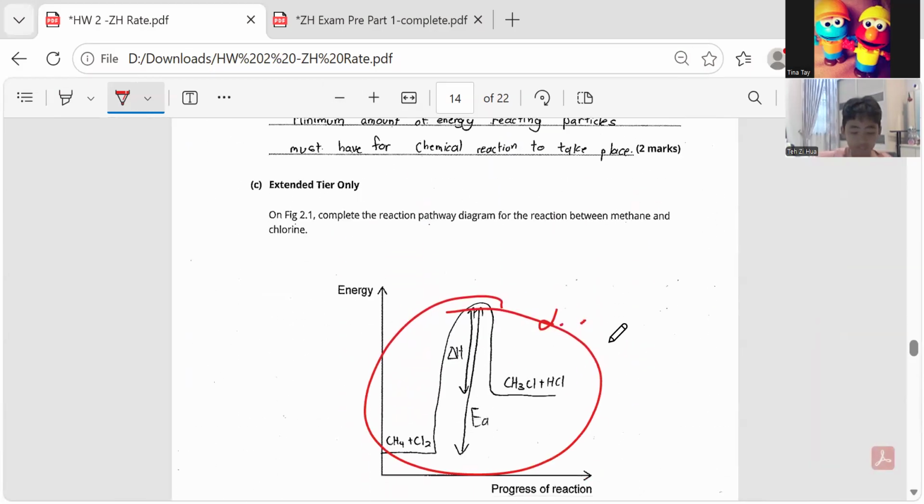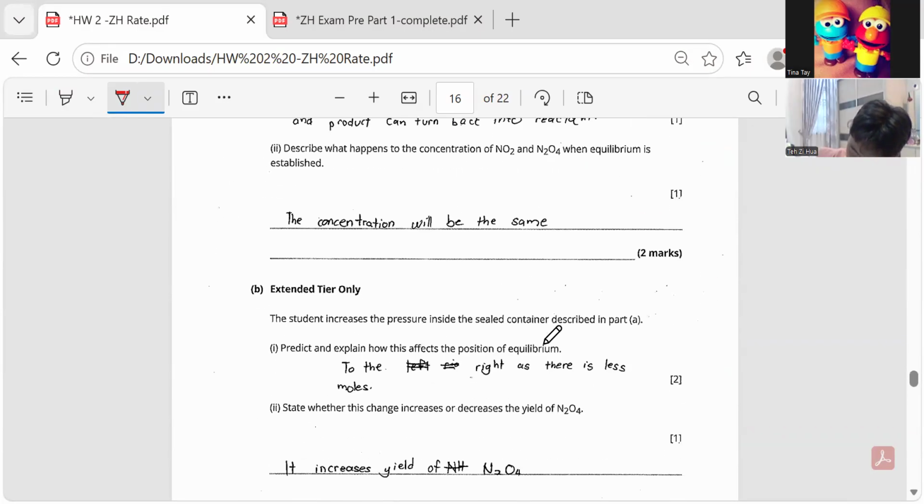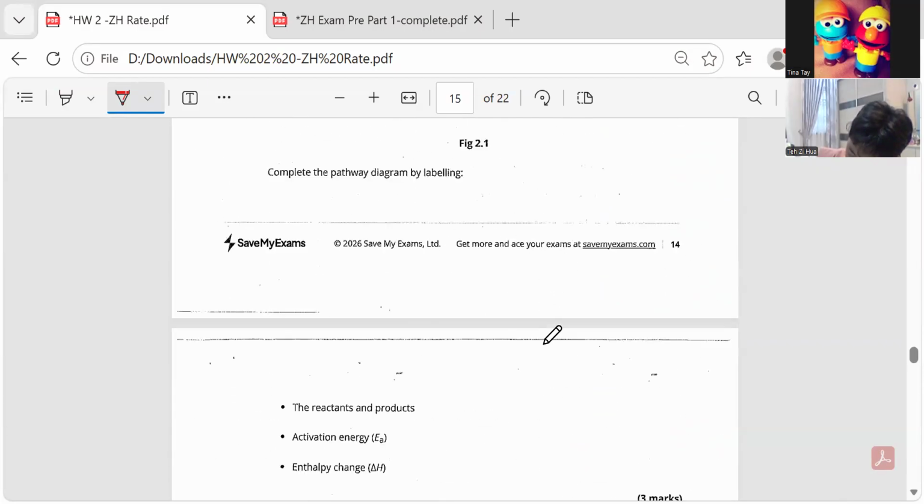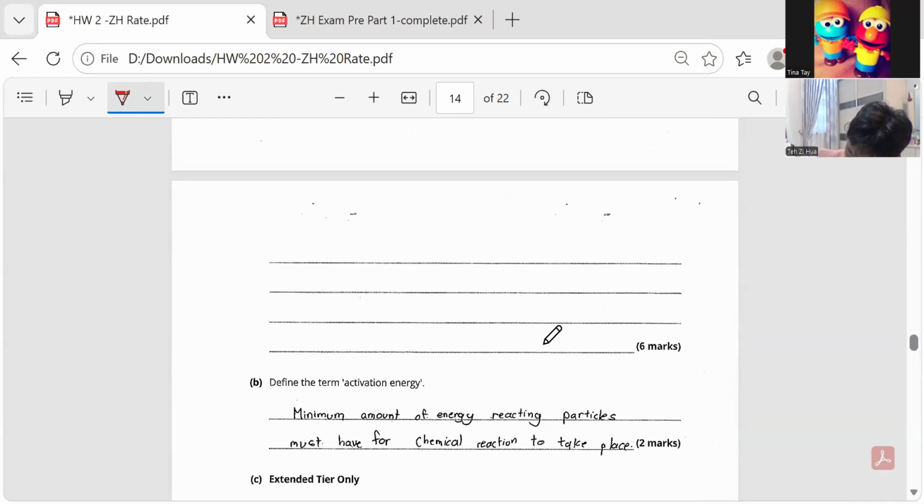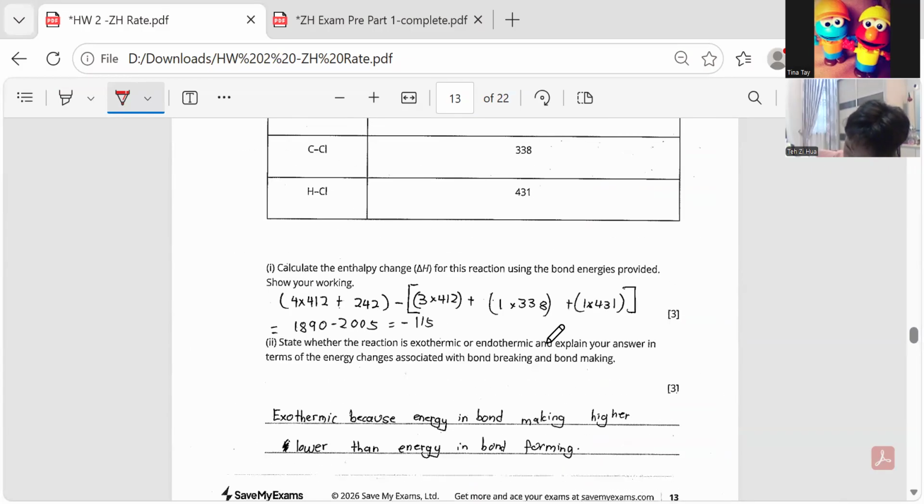From a good student, you do this a bit wrong, that a bit wrong. From a B, you can go to a C, you know. Do it properly. Okay, this one is also the same.